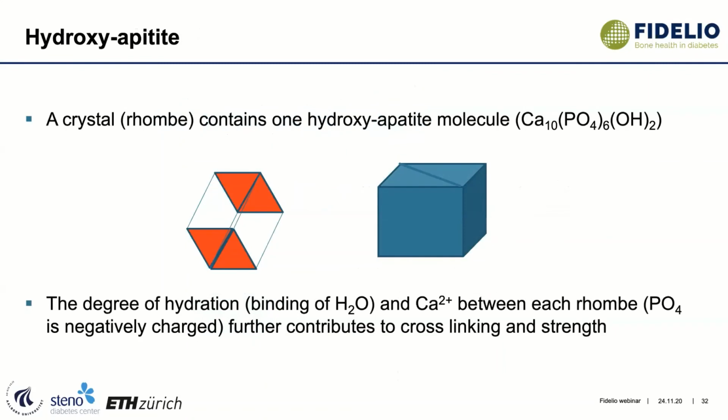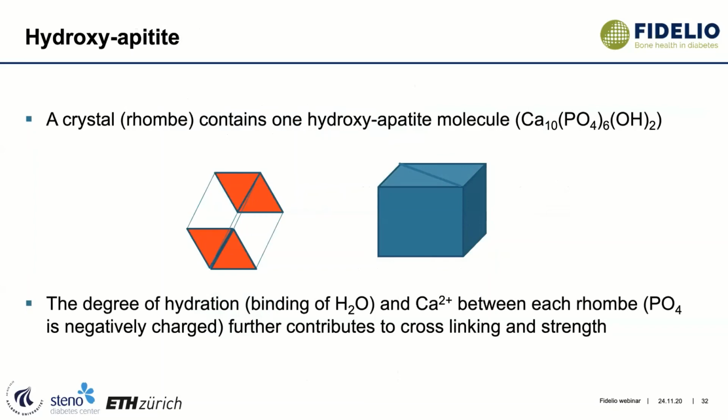So one of these rhombi contains one hydroxyapatite molecule with this chemical formula. And further, regarding the structure, if you have more water, more hydrogen oxide in it, then you have more crosslinks, which contributes to the strength also.